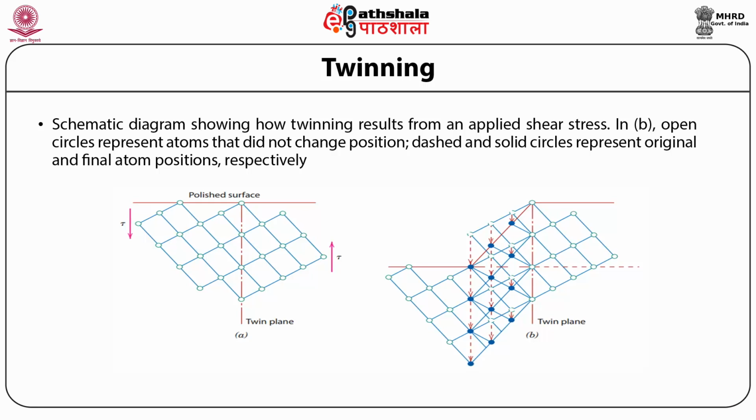In the second figure, that is in the B part, open circles represent atoms that did not change position, while the dashed and the solid circles represent original and final atom positions respectively. In the first figure, we can see the polished surface and the direction of the applied shear stress. And in the second figure, we again see another type of twinning which is resulting from the applied shear stress.